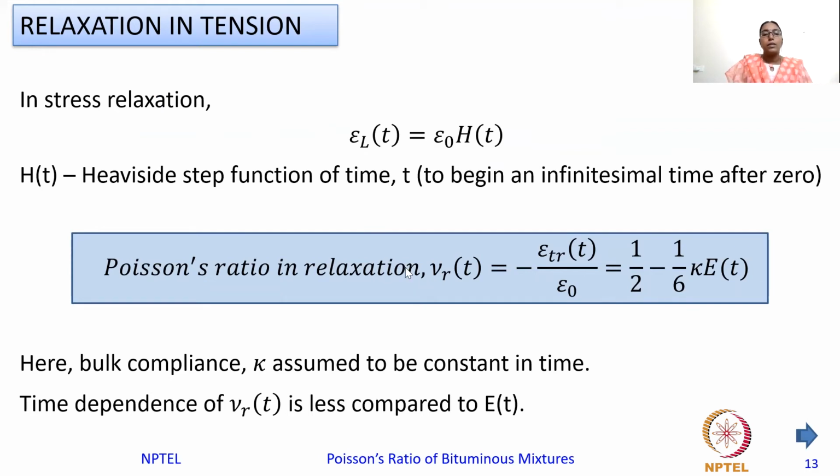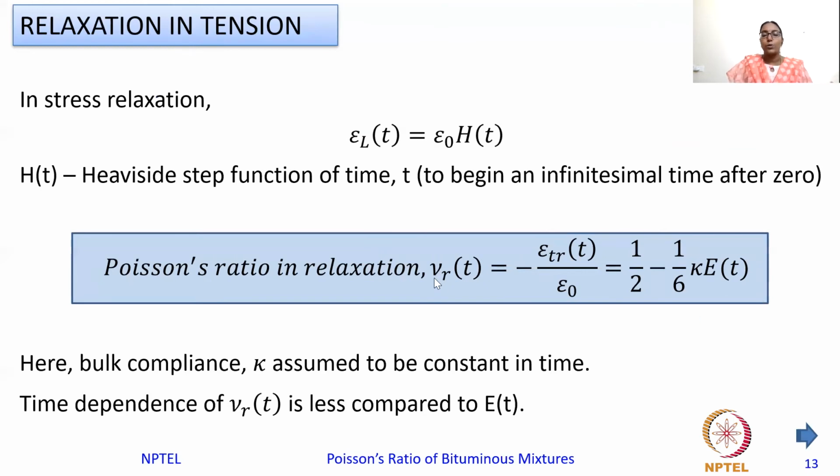Now, you can get the Poisson's ratio in relaxation. It is denoted as mu R(t) and is equal to the transverse strain in the time domain divided by the strain that is applied, which is epsilon 0. So you get the expression as half minus 1 by 6 kappa E(t). So this is the Poisson's ratio that we have obtained from the stress relaxation experiment.